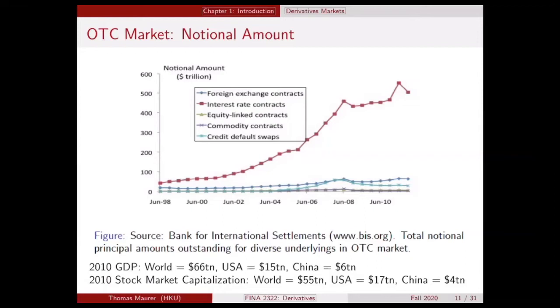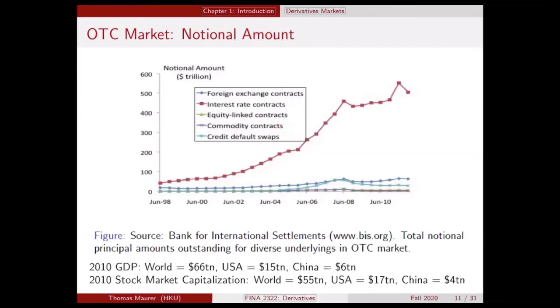In comparison, we have as the second largest market, that's that blue line over here, foreign exchange rate contracts. Then we have credit default swaps. They were quite popular before the global financial crisis, 2007, 8, and 9, then dropped a little bit, but actually still are somewhat relevant.